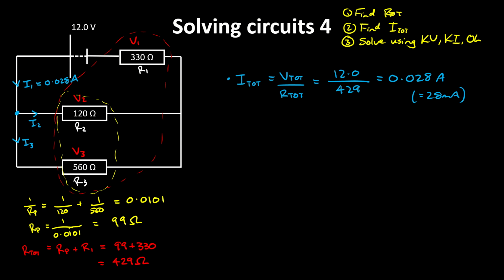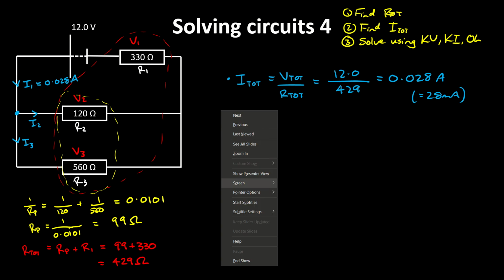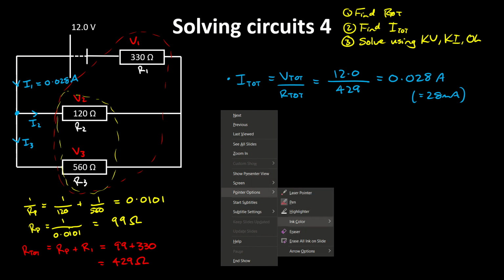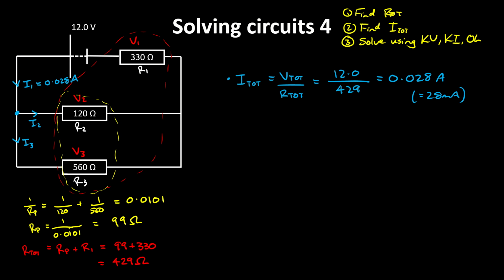In the outside loop there's the power supply, the 560 and the 330. So none of those are going to be 12 volts; they're all sharing the voltage with something. So we can't use that, but what we do know is that this current I1 goes through resistor R1. All of the current goes through resistor 1, so we can find V1 using Ohm's law: I1 times R1.